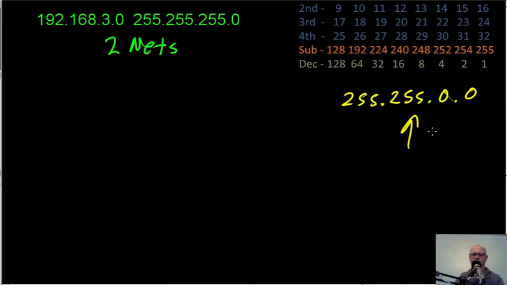It's class B, right? Because our first two octets are the network portion, the last two are the host portion. So we've got octet 1, 2, 3, and 4, 255.255.0.0. The second octet is 255, which means we're looking at a /16.